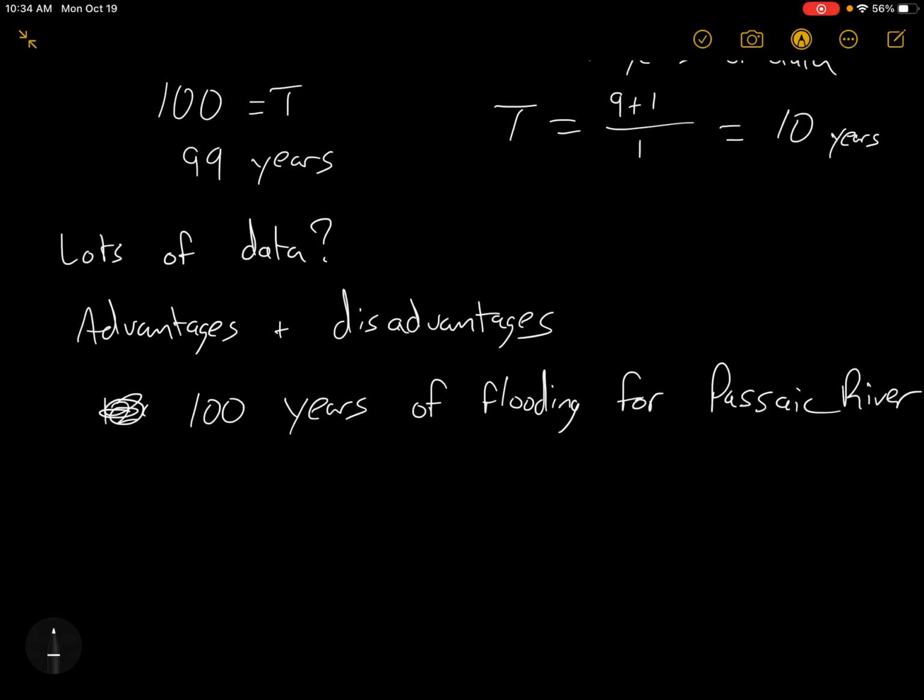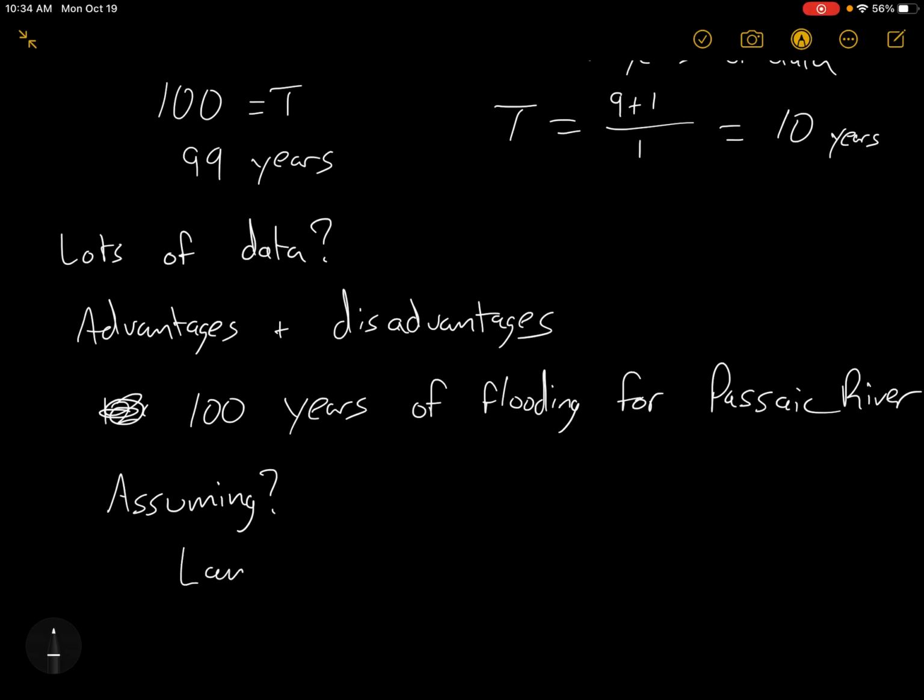Well, that 100 years is going to let us calculate the long recurrence intervals, like the 100-year flood. And it's going to fill in all kinds of dots on that graphical method, so we don't have to extrapolate pretty far. But what are we assuming about those 100 years? What are our assumptions about changes or not over time? What's happened to the watershed of the Passaic River over those 100 years? Think about that.